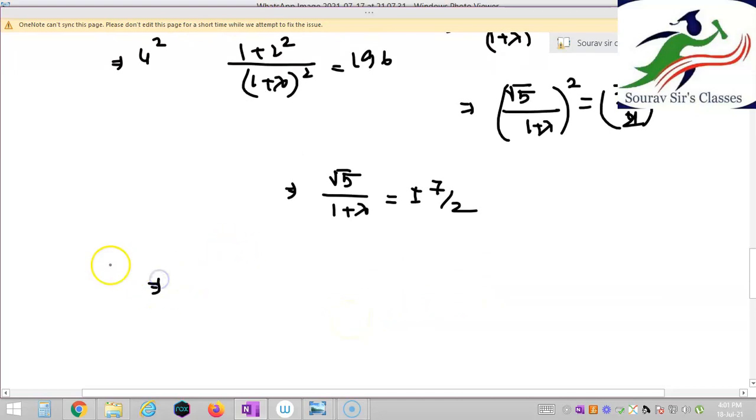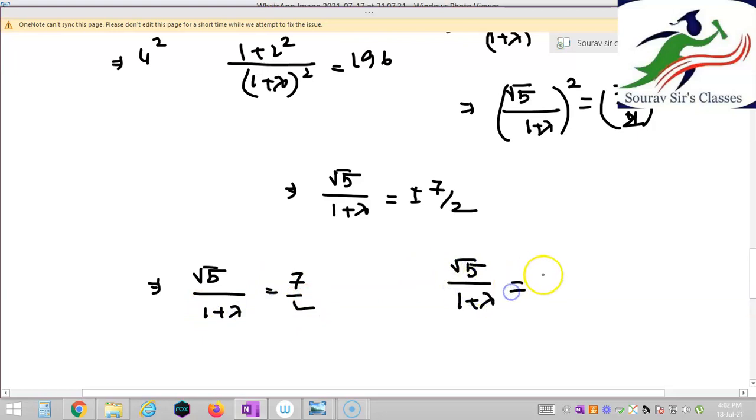If I take the positive value, I can say root 5 by (1 plus lambda) is equal to 7 by 2, and root 5 by (1 plus lambda) is equal to minus 7 by 2 for the negative.